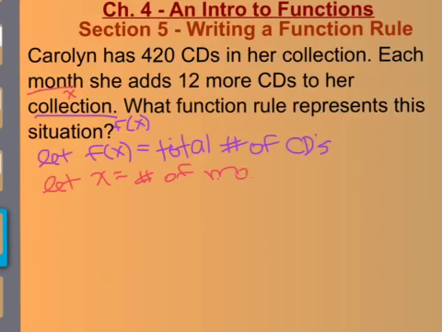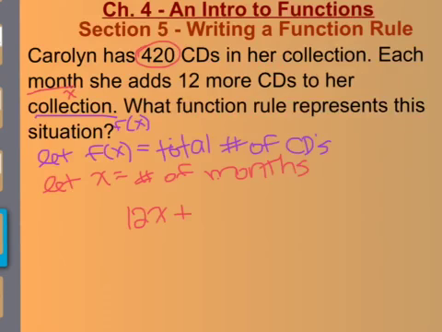Well, there's a constant rate of change, 12 CDs per month, and you're starting with 420. It's a linear function. We've written linear equations from word problems before. This is no different. 12 CDs per month.